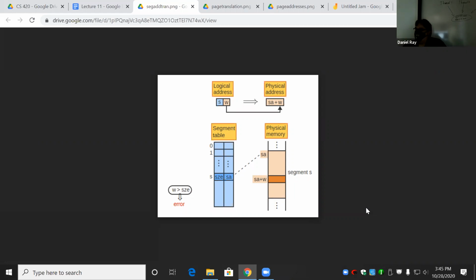And if you do identify a hole that is big enough, is that the hole you should use? Right? Because we want to leave behind large holes when we load things. So now we're back to the original problem of best fit, worst fit, first fit, next fit.